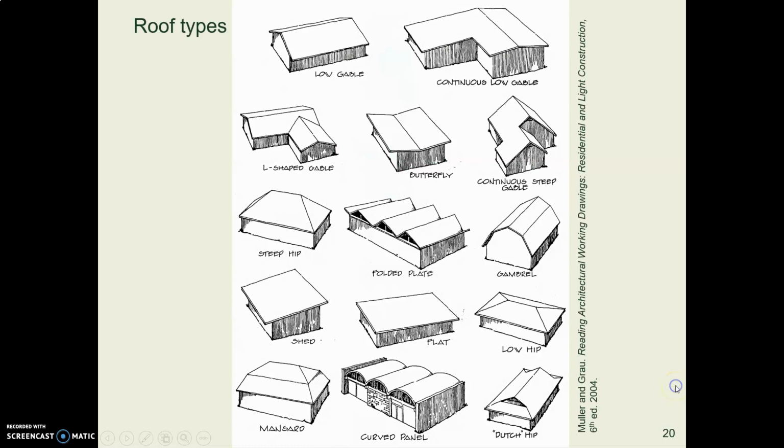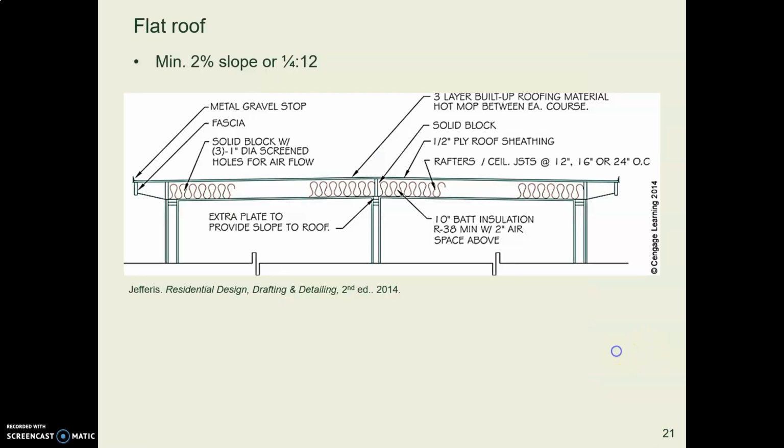Now there are all kinds of types of roofs, and here are a bunch of them all sketched on this slide 20. A flat roof is a roof where the slope is well, flat, and it could be 2% or a quarter in 12.